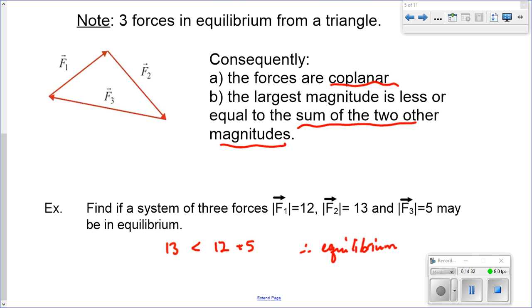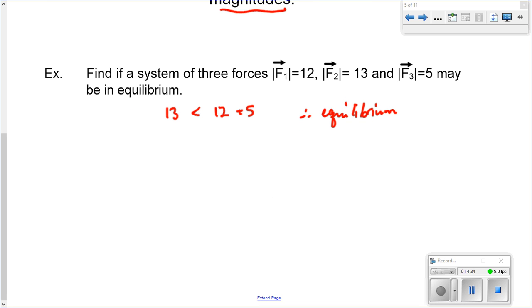Now, some of you might notice that this is a Pythagorean triple. So if I had this, this would also hold. This doesn't always work, certainly, but this is a balanced equation. It's called a Pythagorean triple.